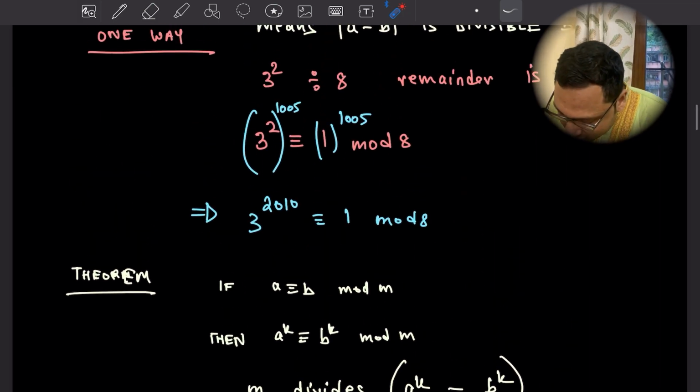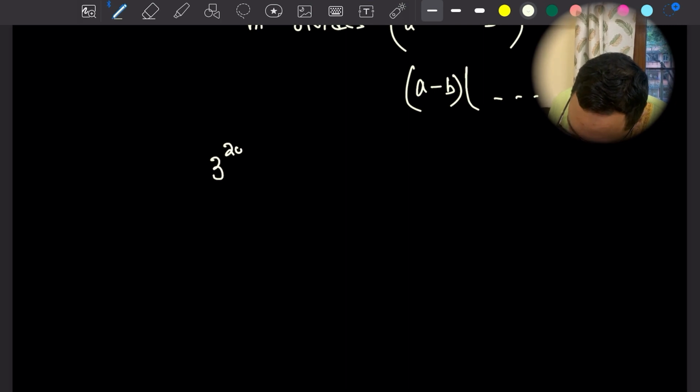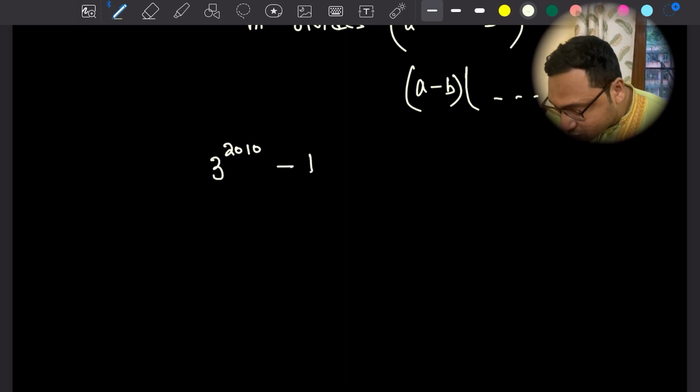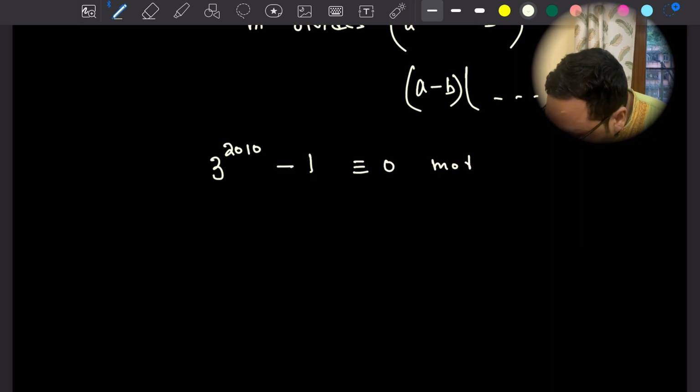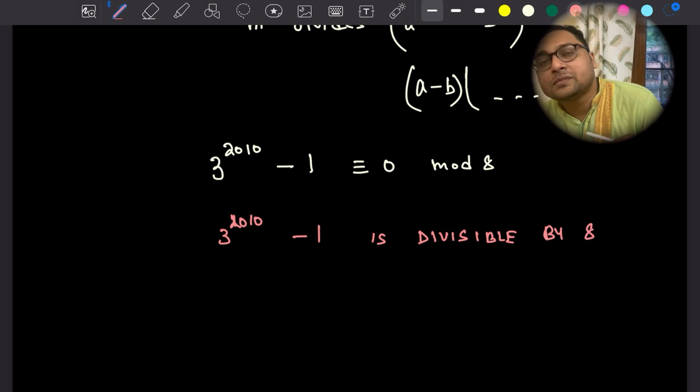Alright, so we know that 3 to the power 2010 minus 1 is congruent to 0 mod 8, which essentially means 3 to the power 2010 minus 1 is divisible by 8. It's divisible by 8.